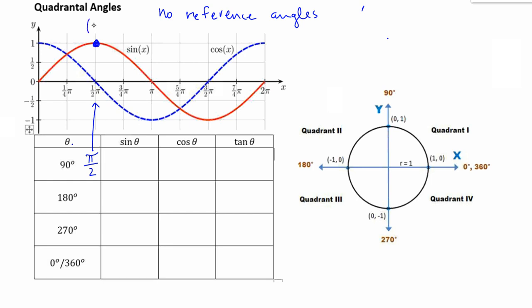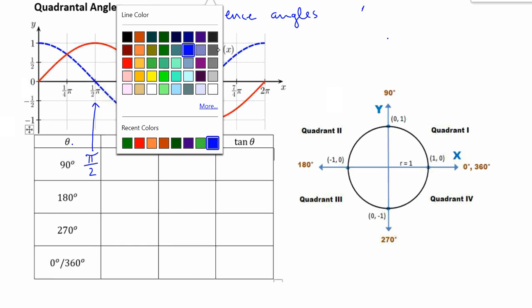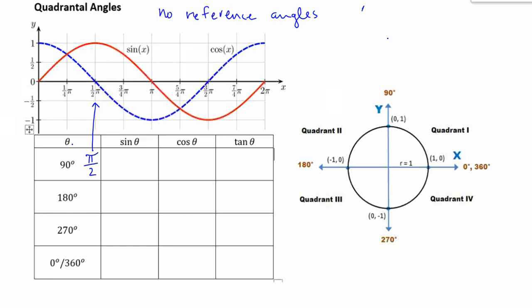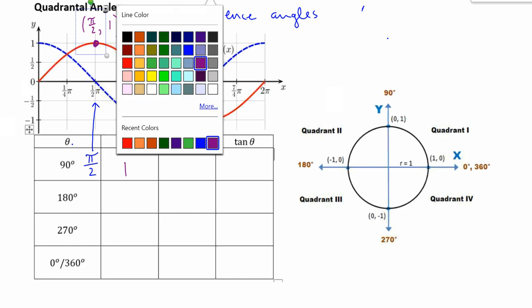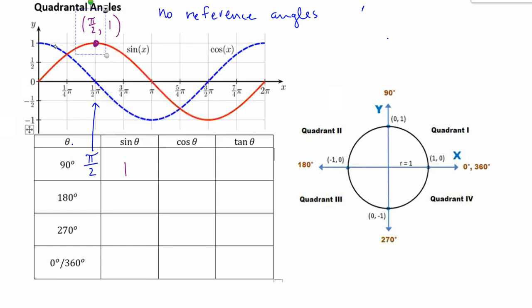Looks like the point right there. So this point right here is an x, or a theta of pi halves, and 1. So the sine of pi halves, or 90 degrees, is 1. Then you can also look at the cosine, this blue graph, at pi halves is 0.